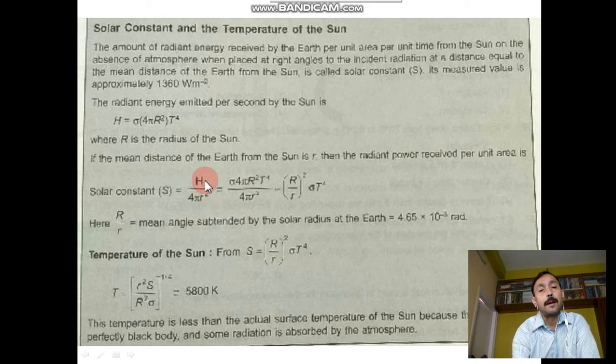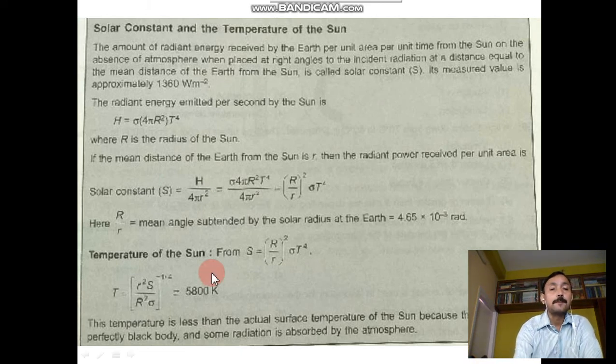So putting the value of H, S is equal to sigma 4 pi R square T^4 by 4 pi r square, which is equal to (R by r) whole square into sigma T^4. This R by r is the mean angle subtended by the solar radius at the earth, and its ratio is 4.65 × 10^-3 radian.